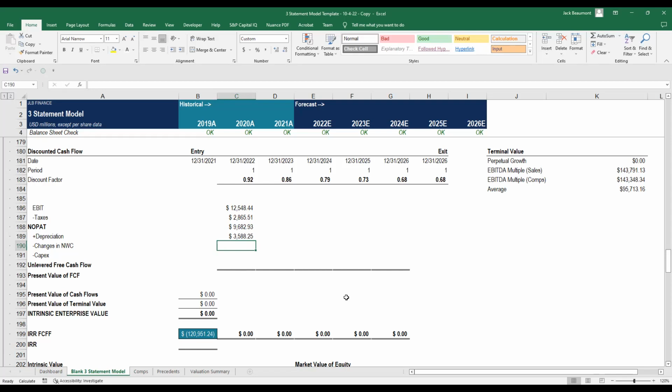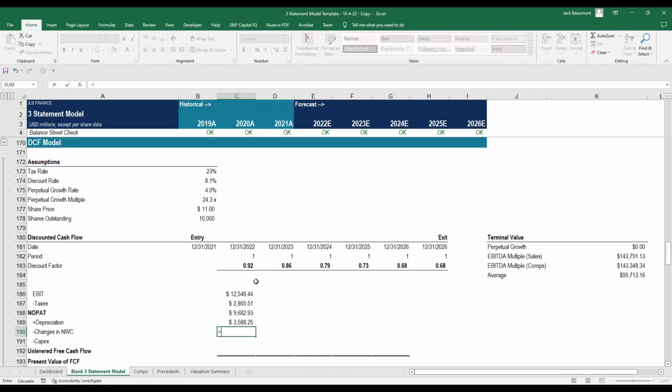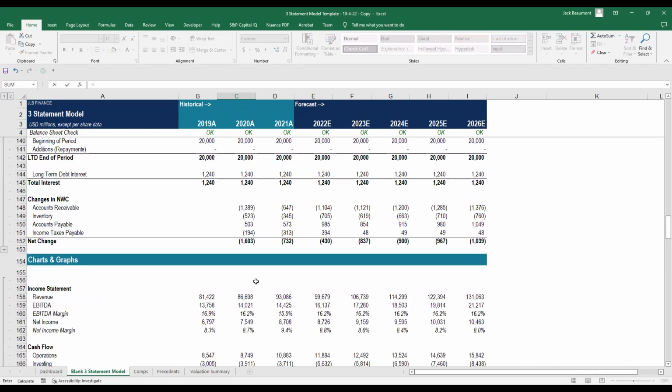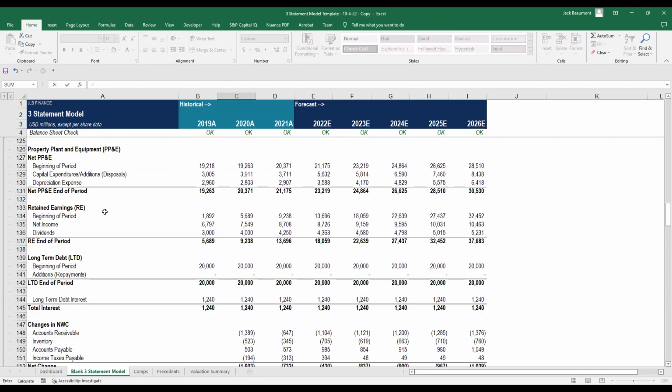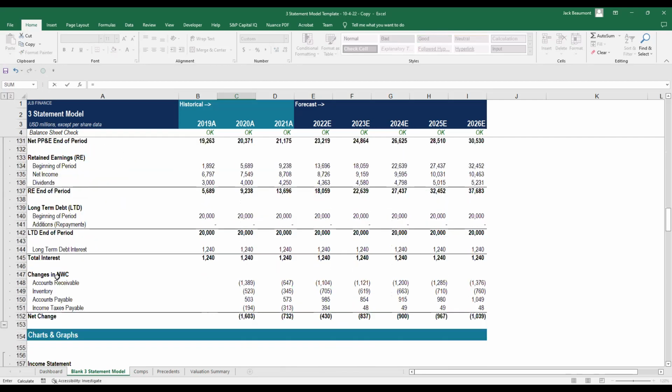So I'm looking at the changes in the actual operations of the firm. That's our accounts receivable, etc., inventory, and our accounts payable. So we have that up here, and we forecasted that and added that into our support schedule. So our change is going to be here.